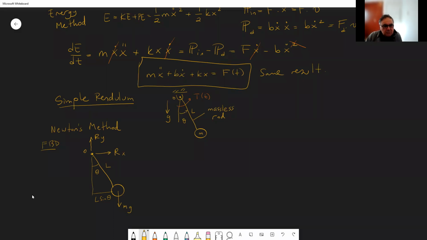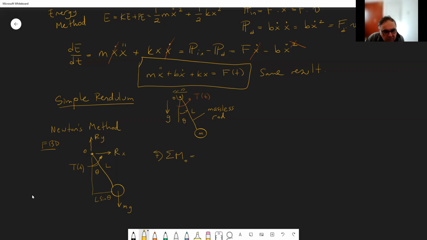Now, in order to find the equation of motion, there is also the external torque, obviously. So we take moments, let's say counterclockwise, moments about point O.